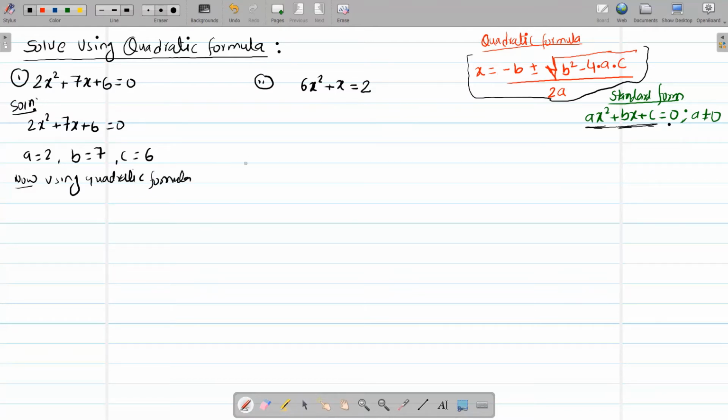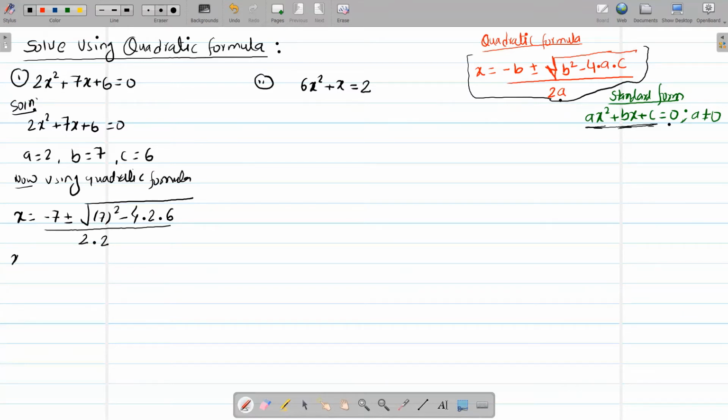Now using the quadratic formula, we can write x is equal to, what is our negative b? Negative b is negative 7, plus or minus the square root of what? b square, which is 7 square, minus 4 times a, which is 2, times c, which is 6, over 2a, so 2a is 2 times 2.